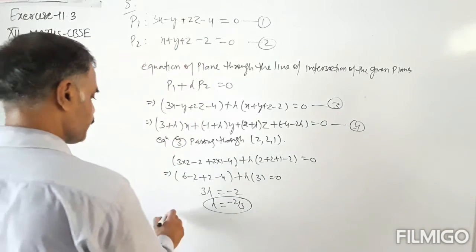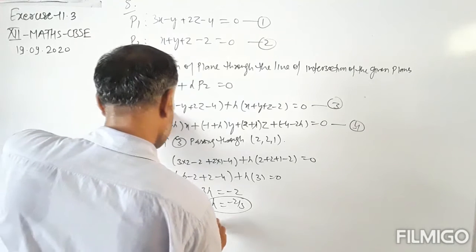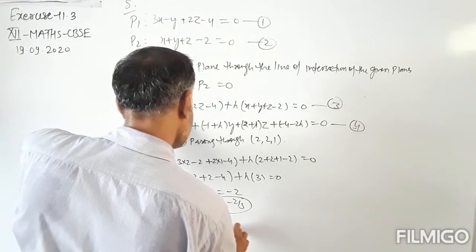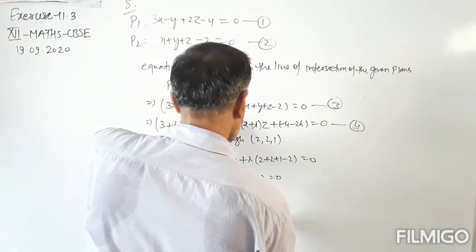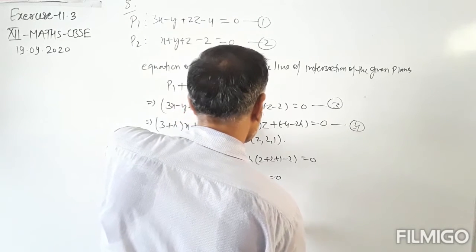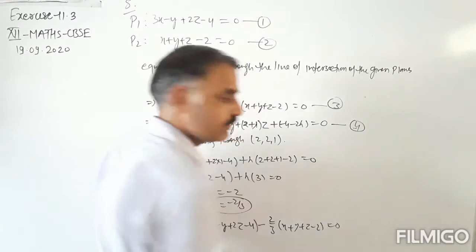From equation number 3: 3x minus y plus 2z minus 4 plus (minus 2 by 3)(x plus y plus z minus 2) equals 0.